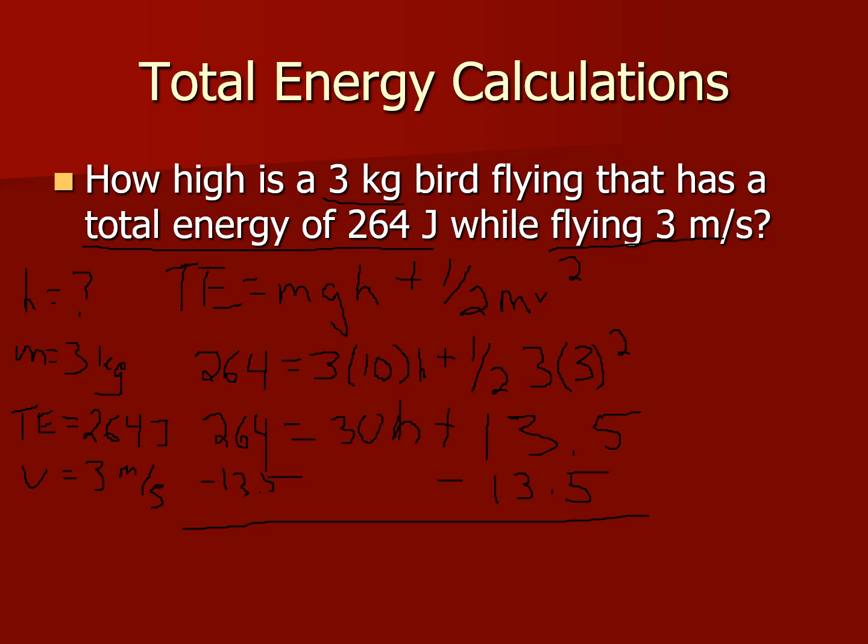Then I have 250.5 equals 30H. Divide both sides by 30. Okay, easy. And I get 8.35 meters because we solve for height. Height is measured in meters.